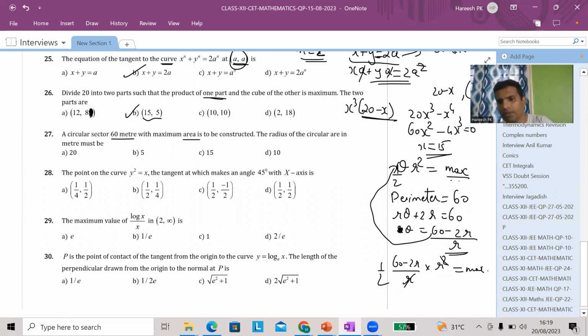That means the derivative of this should be 0. So when I expand, I'll get 60r minus 2r square by 2. This should be maximum. So the derivative of this, that means 60 minus 4r should be 0. So r should be 15.